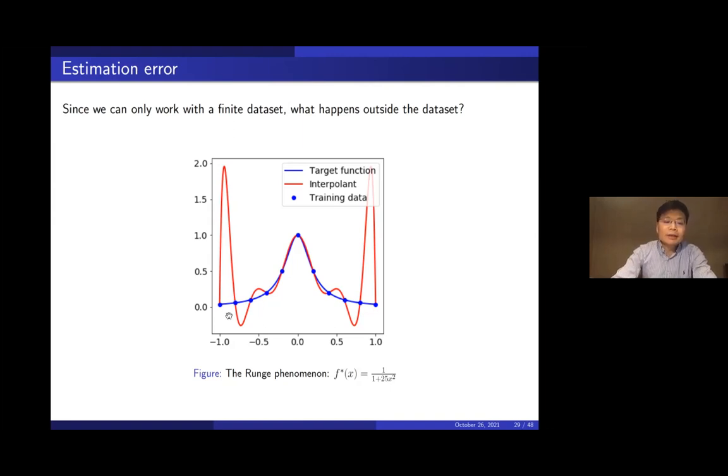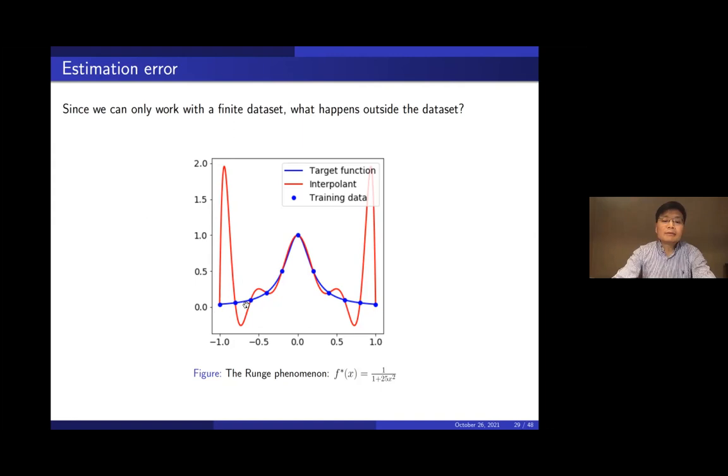Here we are trying to perform polynomial interpolation over a uniform mesh. This is a uniform mesh, and that's the result, the red line. The blue line is this function, a very nice, smooth C infinity function.